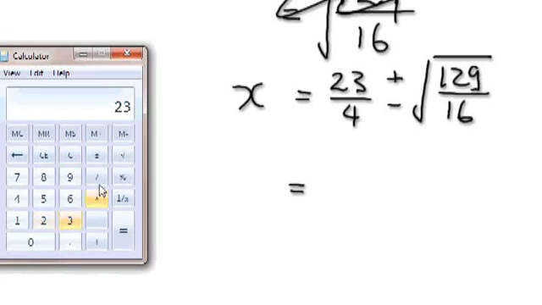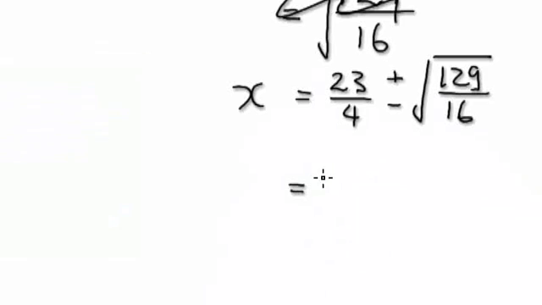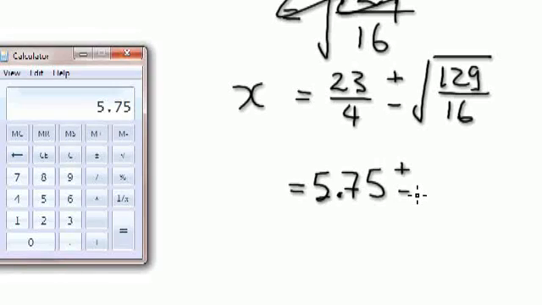So this here boils down to, hang on, calculator, 23 over 4. So 23 divided by 4 equals 5.75, and then plus or minus. Now let's do this. 129 divided by 16 equals this.